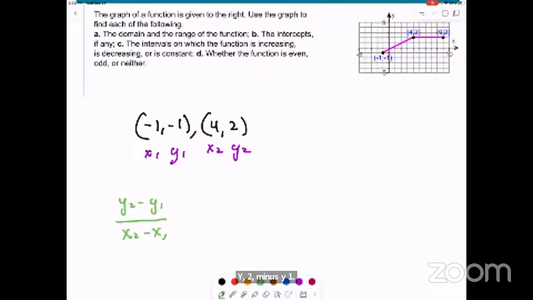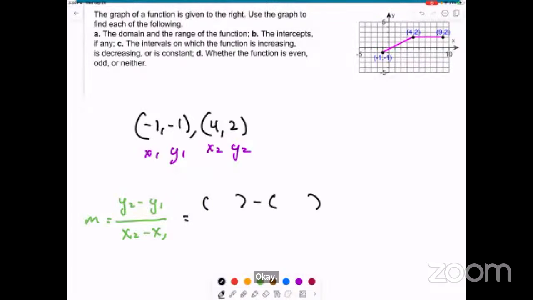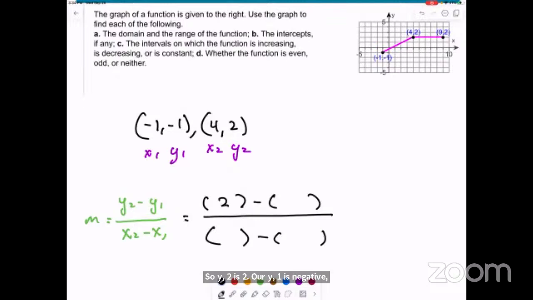So our y2 is 2, our y1 is -1, our x2 is 4, x1 is -1. So a double negative becomes positive in both cases.